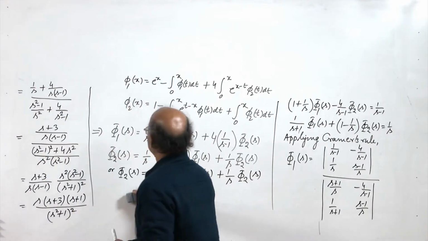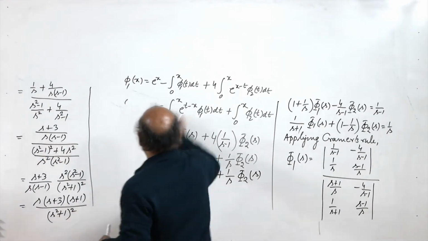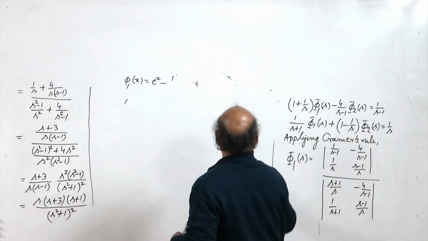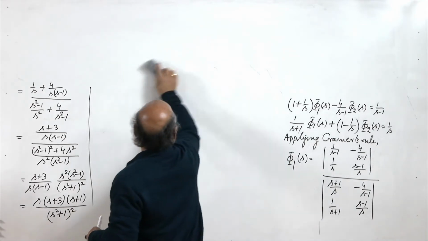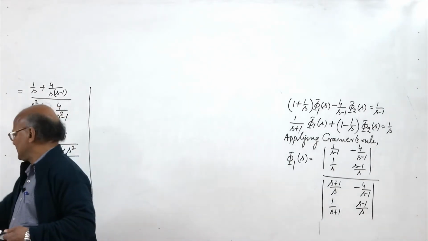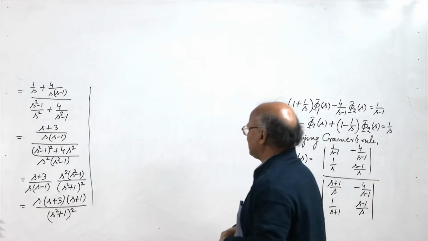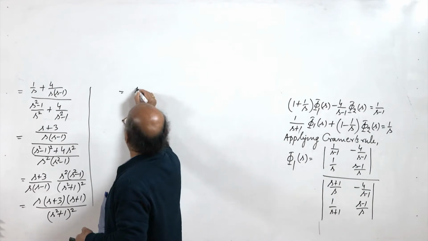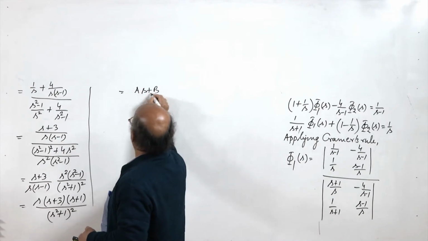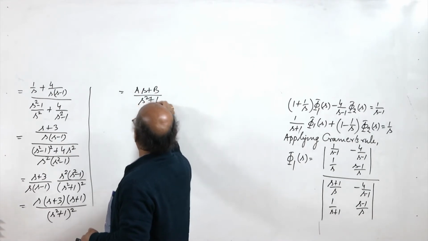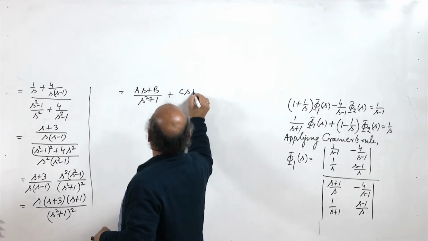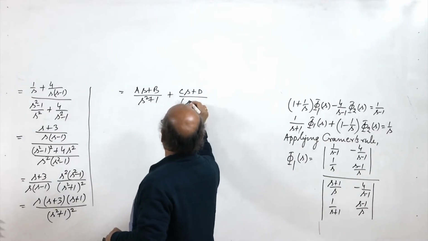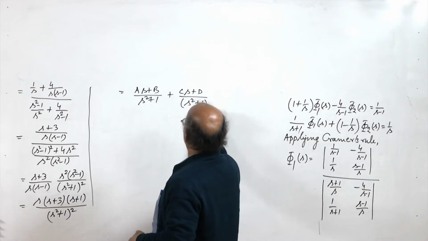Now what we do is, I am doing this problem because it is a bit complicated. So we have this further equal to as plus b upon s square plus 1 plus cs plus d upon s square plus 1 whole square.